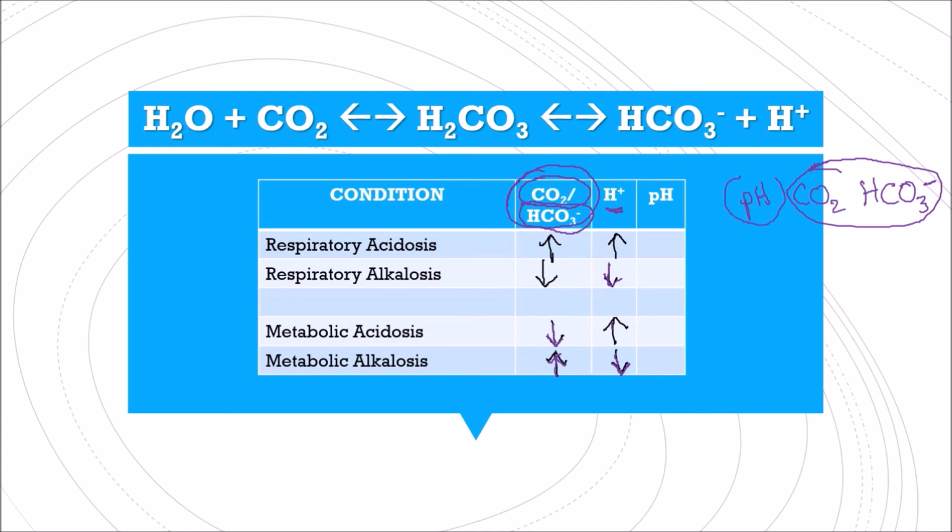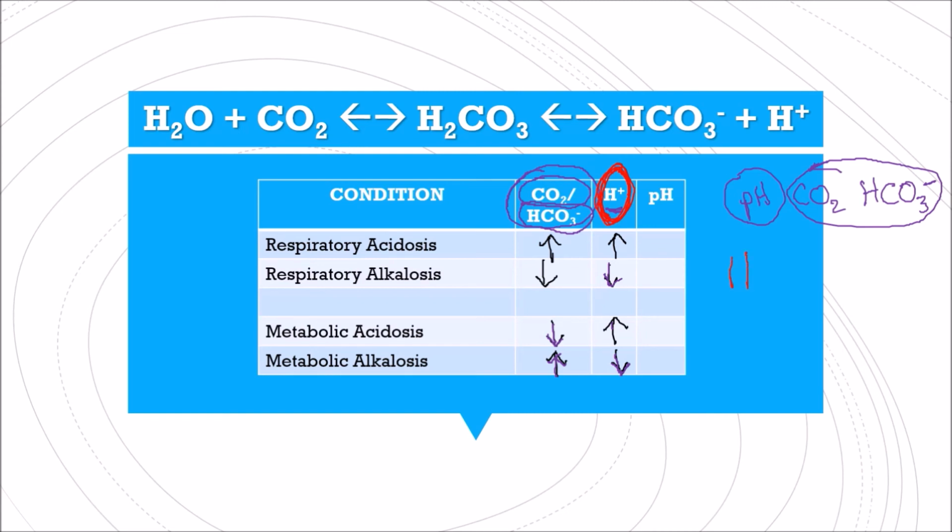But you're given the pH level. You're not given the hydrogen content level, and this is what defines if it's going to be acidic or alkaline, right? So we have to understand that pH and H levels are opposite from each other.